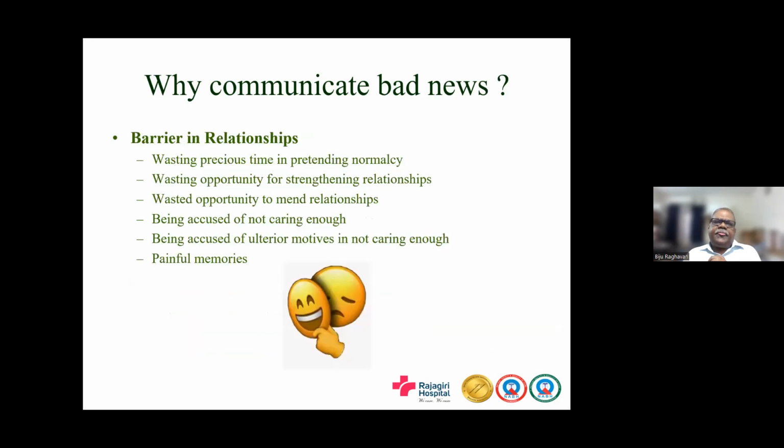Another area is the relationship breakdown. Many times the family members come to me without the patient, and then they break down and cry because they cannot cry at home. At home, they have to put on a mask of normality and behave as if everything is okay.